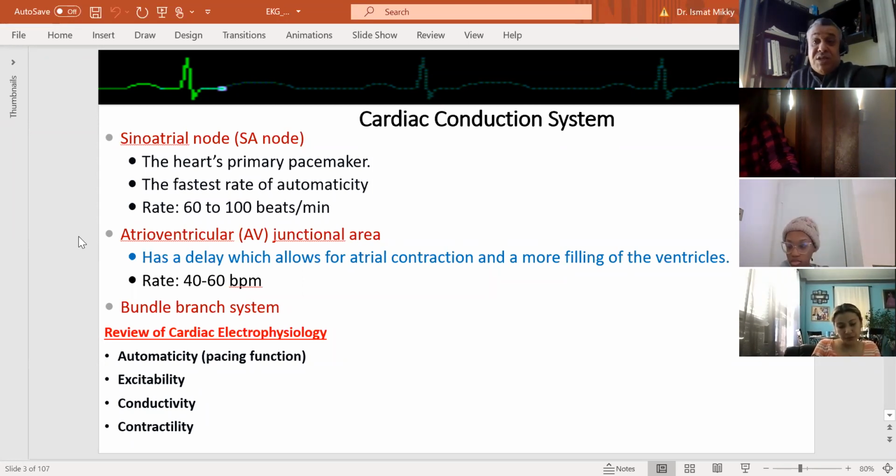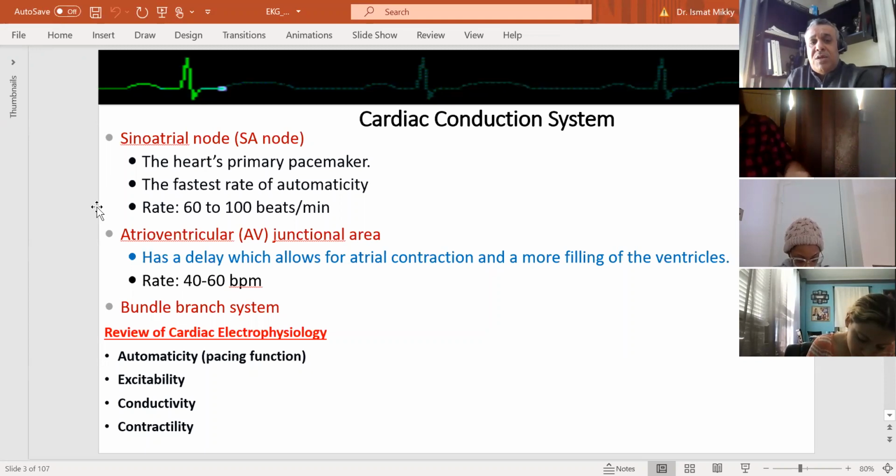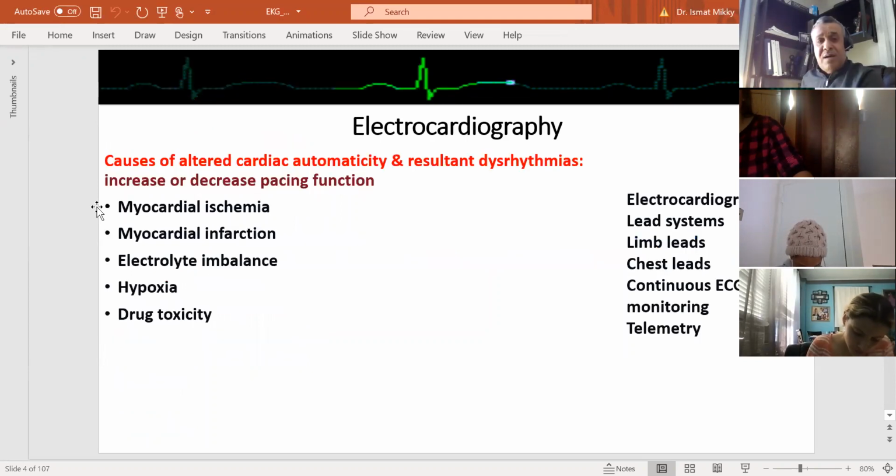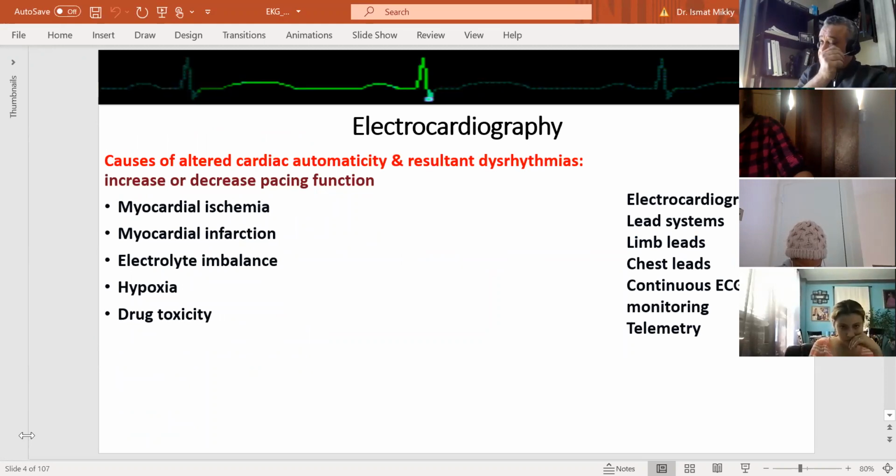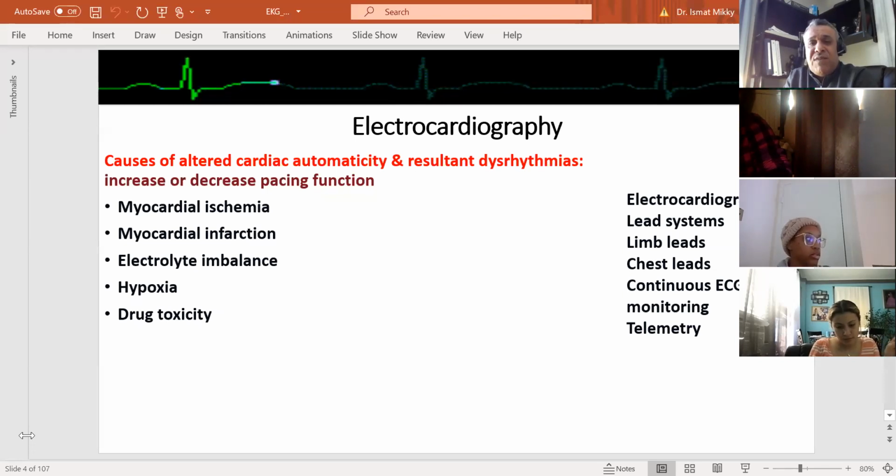For some people, not everyone, they have a sensitivity to caffeine and they will become tachycardic and develop something called SVT from just caffeine intake. So excitability, conductivity, and then contractility. These are the functions of the myocardium, in which dysrhythmia can occur due to dysfunctions or alterations of any of these features.